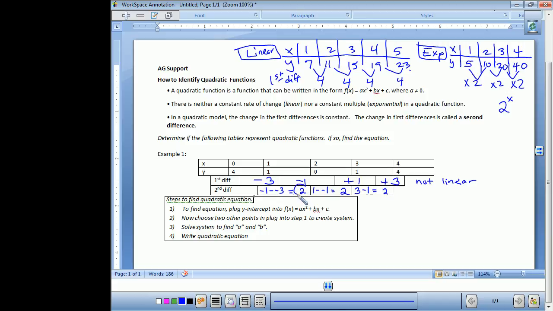Do you see that the second difference is the same? So, with a quadratic, we're going to have a second difference that is constant.